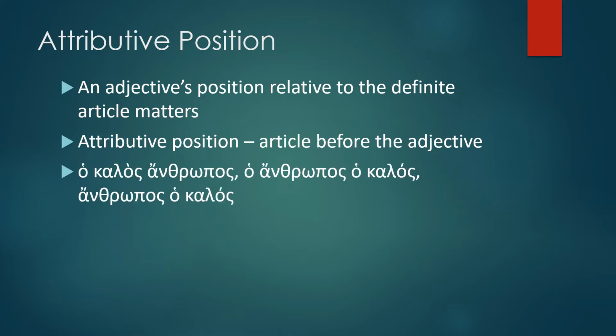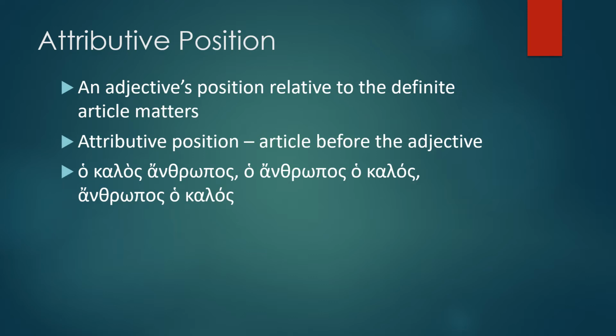Here are some examples. Ho, the definite article, the, nominative masculine singular, kalos, if you remember from the previous table, nominative masculine singular, and anthropos, our word for man. Just a quick note, you can see how in this first of three examples, kalos has a grave instead of an acute because it's followed immediately by another word.